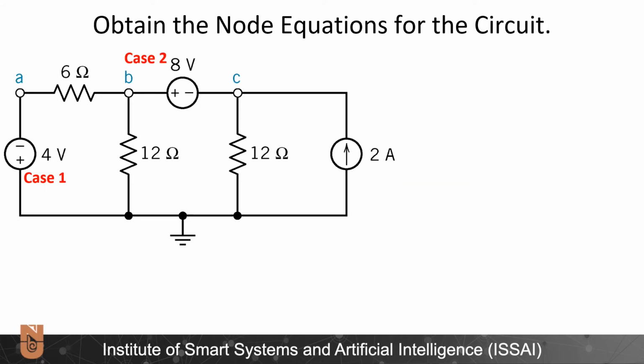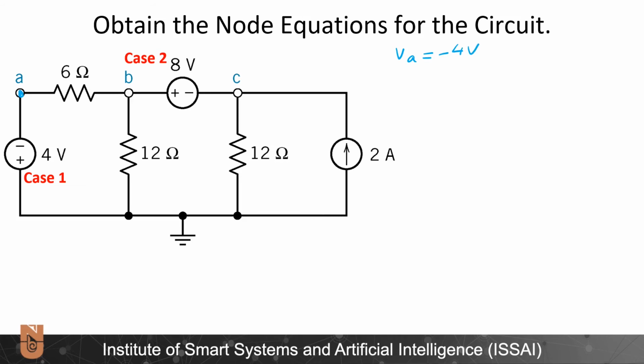Alright, we need to obtain the node equations for this circuit, and here I see both examples of the supernode concept. Firstly, let's have a look at here. Here I can define VA is equal to, taking into account the polarity of the voltage source, 4 volts.